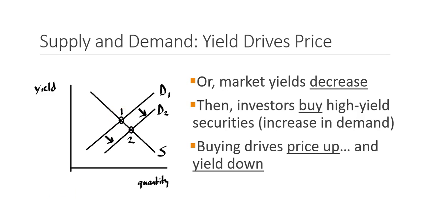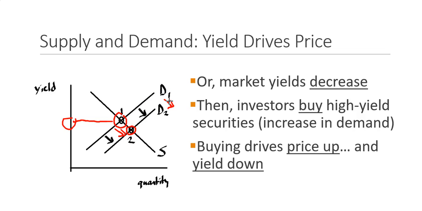Let's look at where we are in this case. Starting at point 1, I have a yield that is some amount. And when market yields decrease, everybody wants in on this investment. And so we move to point 2. Demand has gone from 1 to 2. Demand has increased.